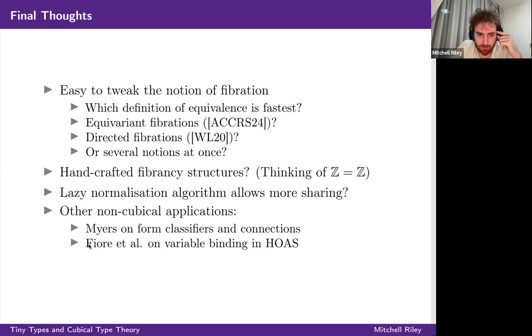And John Sterling pointed out to me that Fiore and others have some work on higher order abstract syntax, which they model in exactly that category mentioned at the start, functors from finite sets to sets, where the universal object plays a really important role. It would be nice to be able to formalize those sorts of arguments.